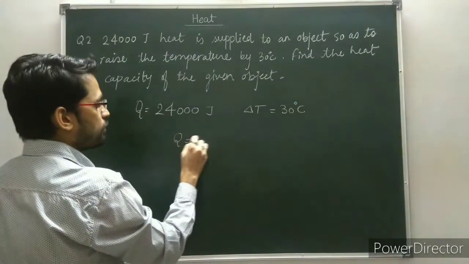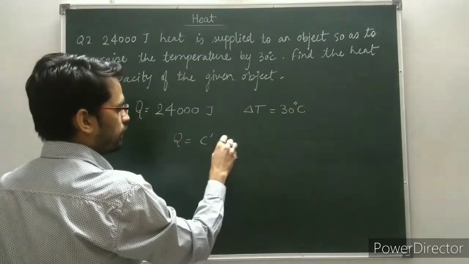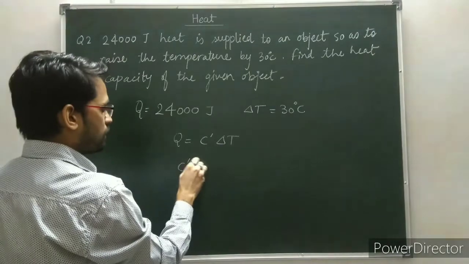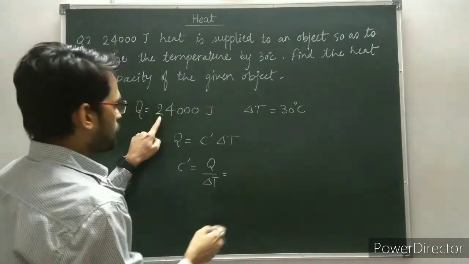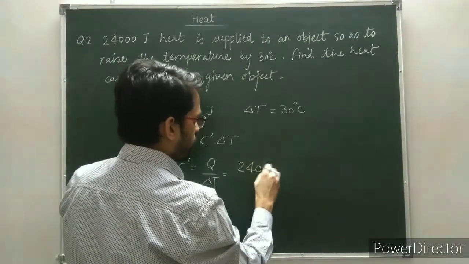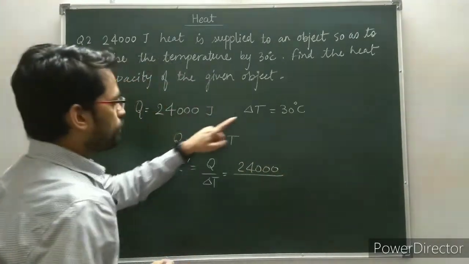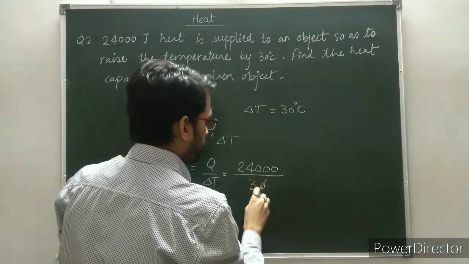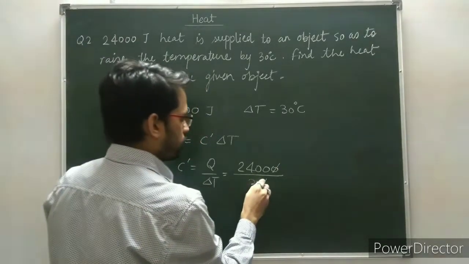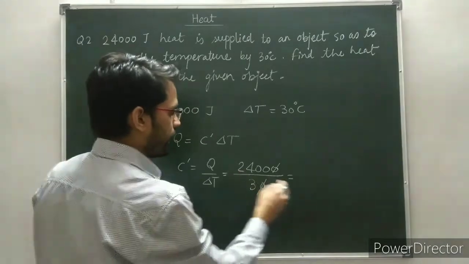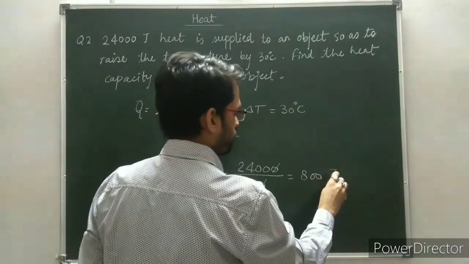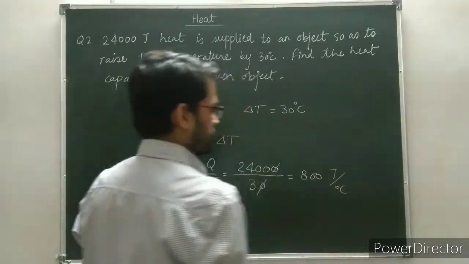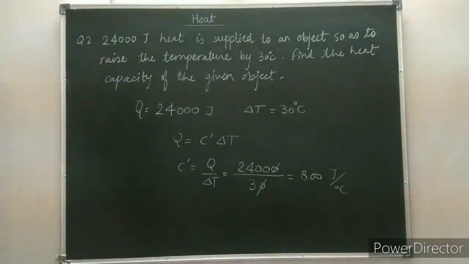So we know that Q = C' delta T, and C' = Q divided by delta T. Heat supplied is 24,000 divided by 30. Then 3 8s are 800 joule per degree Celsius. So this is the heat capacity of the object.